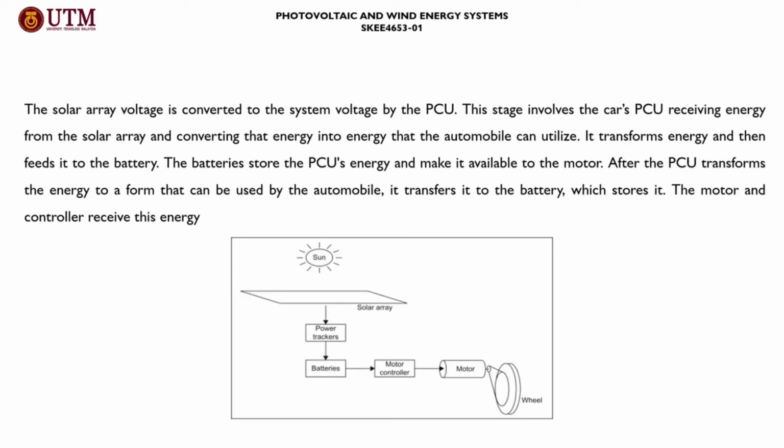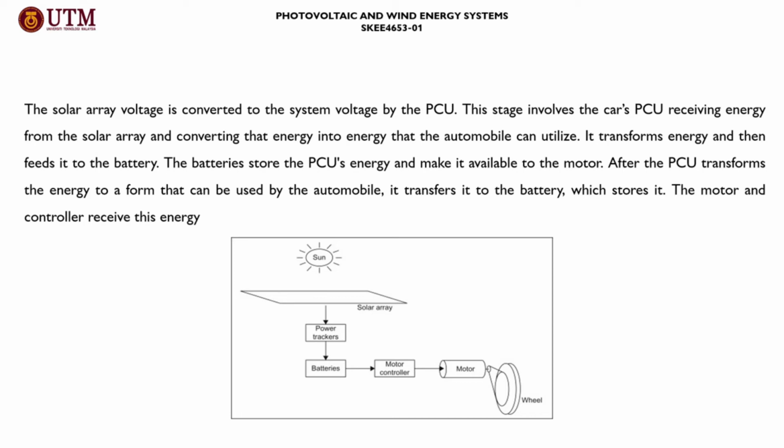The solar array voltage is converted to a system voltage by the PCU. The stage involves the car's PCU receiving energy from the solar array and converting the energy into energy that the automobile can utilize. It transforms energy and feeds it to the battery.